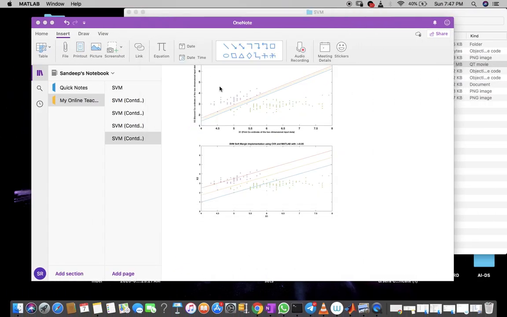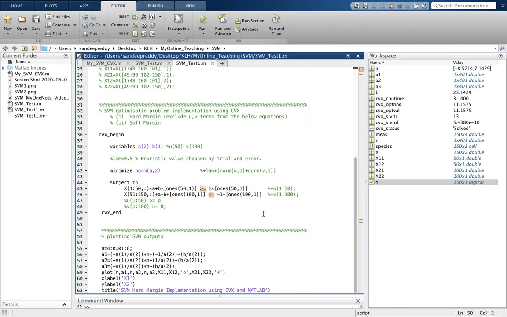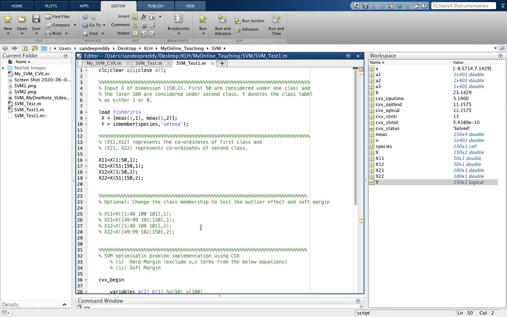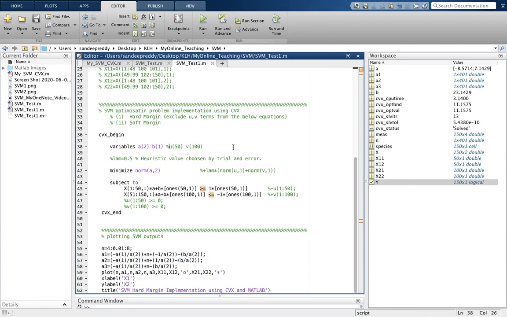Let me now open the demonstration for the soft margin. Give me a minute. Let me uncomment all these things.